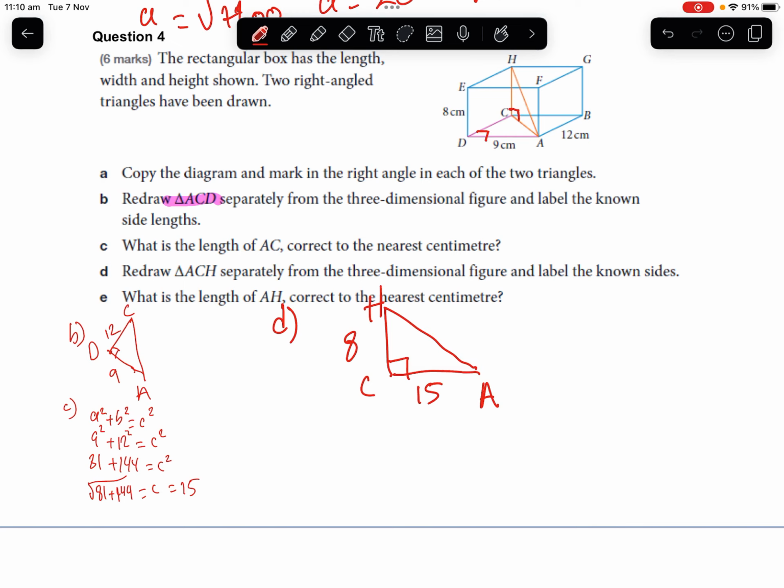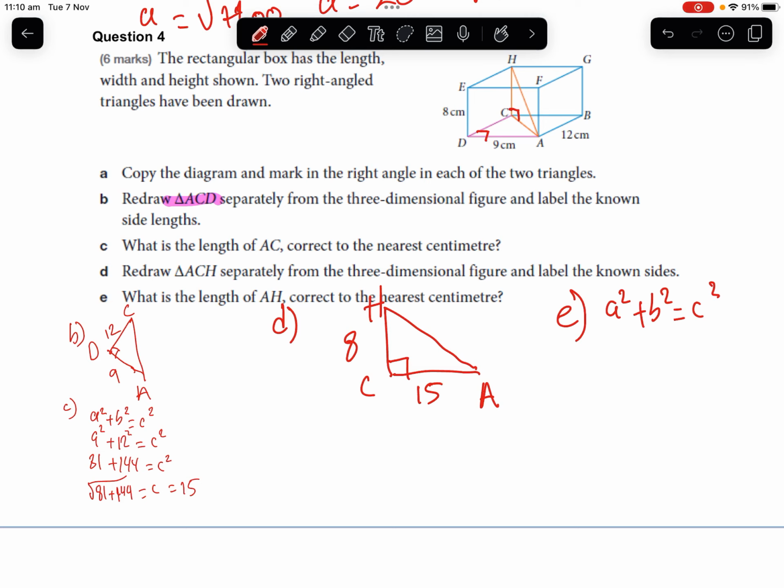Okay, part E. What is the length of AH correct to the nearest centimeter? So again, we're going to be using Pythagoras. A squared plus B squared is equal to C squared.